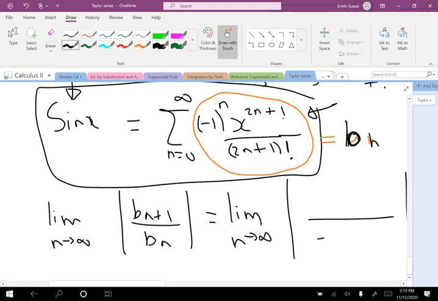b n is minus 1 to the n, x to the 2n plus 1, divided by 2n plus 1 factorial.